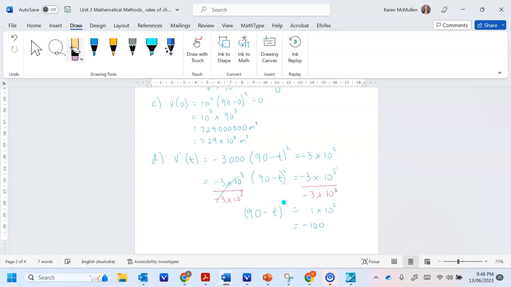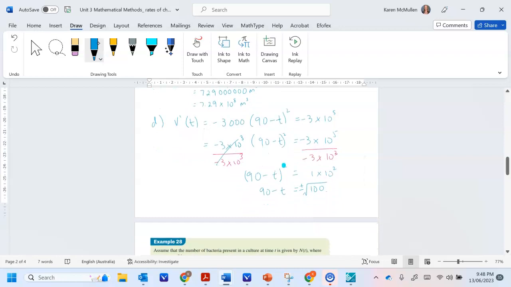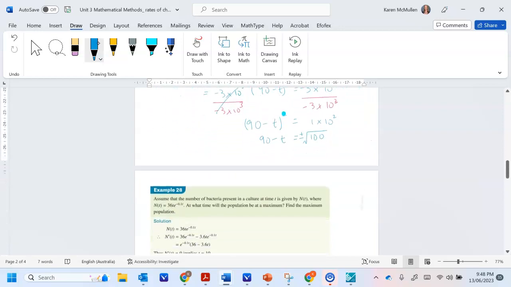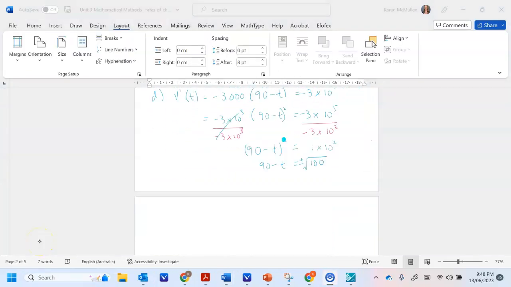Fabulous. All right, I'll just get rid of that just so we can keep it. And then we can take the square root. So 90 minus t, square root of 100. Now remember, we should consider both solutions, both the negative and the positive. Oh, I'm running out of room. I'll have to go on to the next page anyway. Okay, I just moved everything.